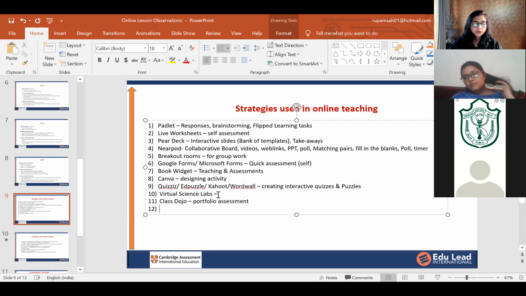Okay. Do you remember Flipgrid? Again, it's a part of Nearpod, so you can use it there itself. Yes, but you have to create your account separately in Flipgrid, right? So that you can use Flipgrid over here.